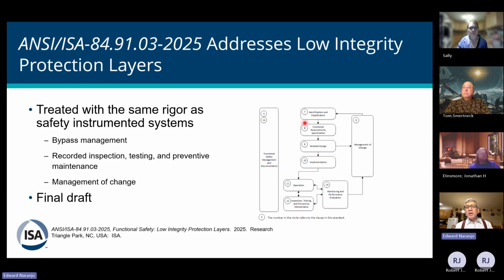Okay, you go through an identification and clarification phase, you go through functional safety requirement specifications, you go through detailed design, you go through the implementation, meaning that you have to procure, build and install it, and then you run it. It is operated, it is maintained, and it is monitored for performance. And if you decide to change anything, it goes again through the system life cycle. There is no excuse.